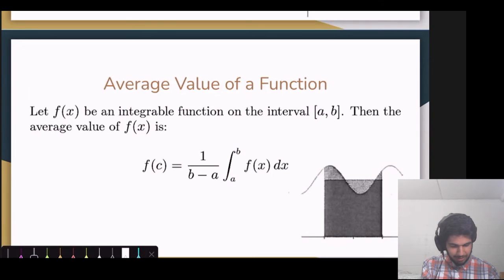Okay, do I have a good explanation for that? No, not really. I guess it's just taking the area underneath the entire curve, and then dividing by the width, which is sort of like dividing by the count if we're taking averages of numbers. So that's sort of how you can think about it.